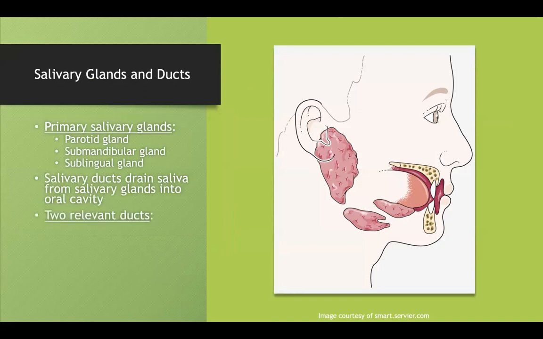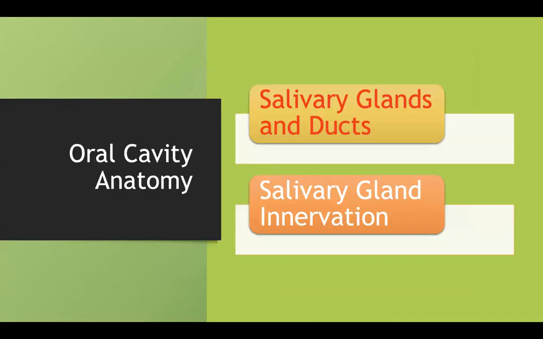There are 2 ducts you have to know: the parotid duct, also known as Stenson's duct, located here coming off of the parotid gland, and the submandibular duct, also known as Wharton's duct, which attaches from the submandibular gland into the oral cavity.